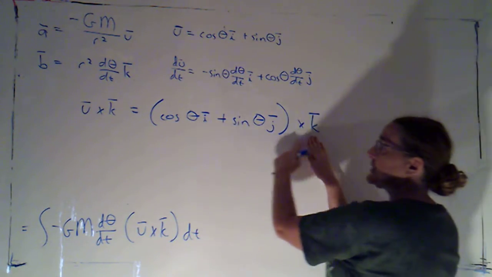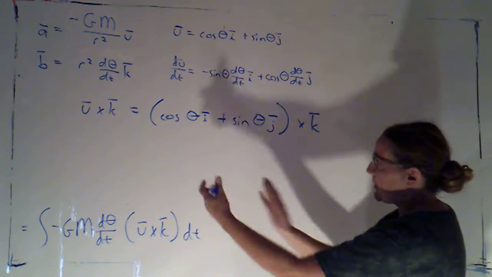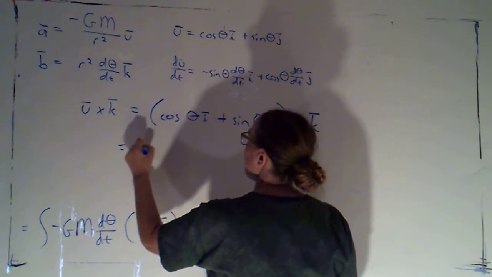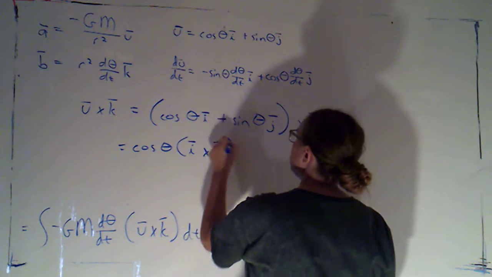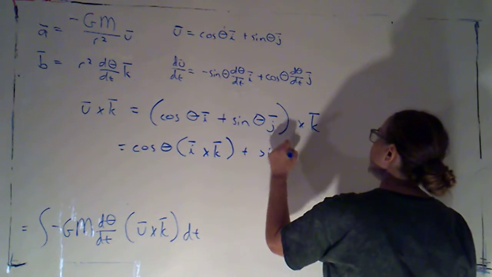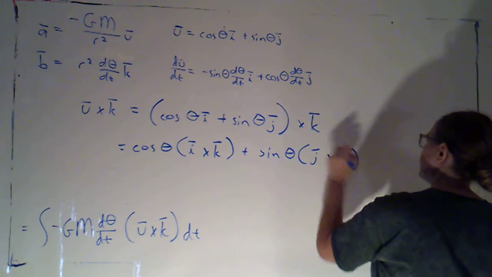Now, the cross product distributes over this vector addition, and I can just write the scalars in front. So this is going to be cosine of theta times i crossed with k plus sine of theta times j crossed with k.